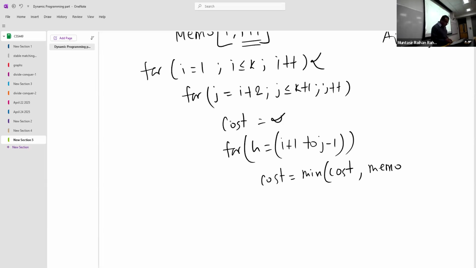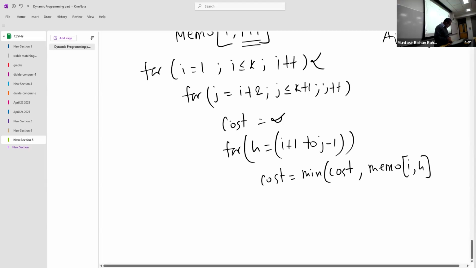So it's going to be i to h, that's my left part, plus memo of h to j.